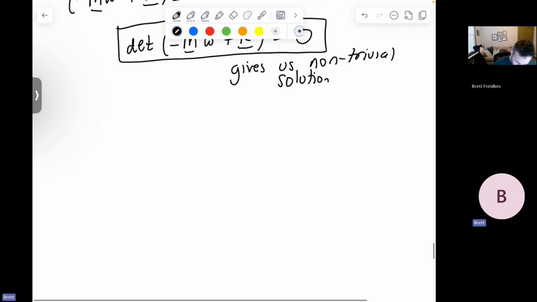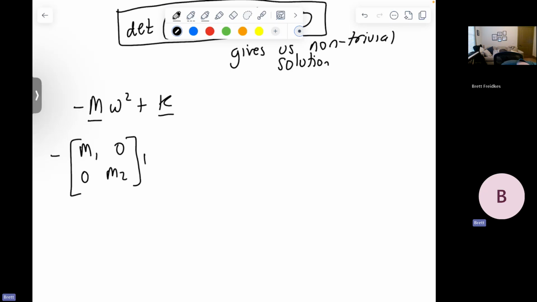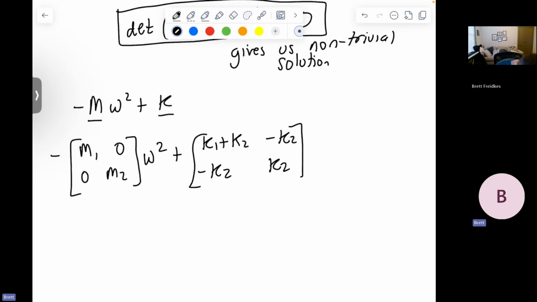So how do we find that? Well, I'm going to look at negative m omega squared plus k, and let's write that out in its entirety. From the problem we were doing last time, we saw that the M matrix was the M's along the diagonal. And then the K matrix for that specific problem had K1 plus K2 in the first element, negative K2s in the off-diagonal elements, and then K2.